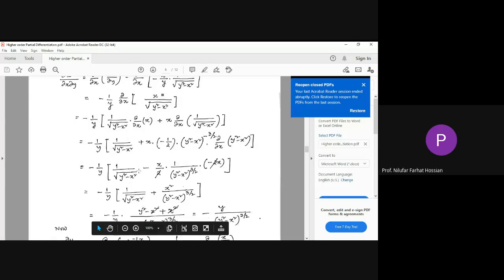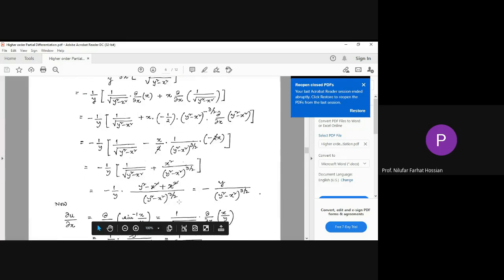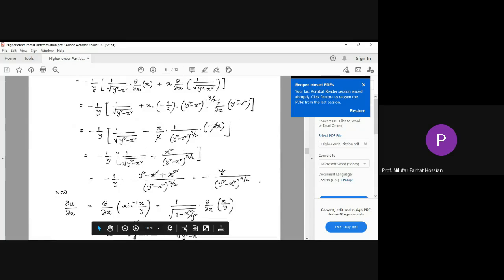So this x and this x gives you x square, and in the denominator this power to the power 3 by 2. So if you take the LCM of these two terms, LCM will be y square minus x square whole to the power 3 by 2. And here if you divide this one by this, there will be only y square minus x square whole to the power 1.